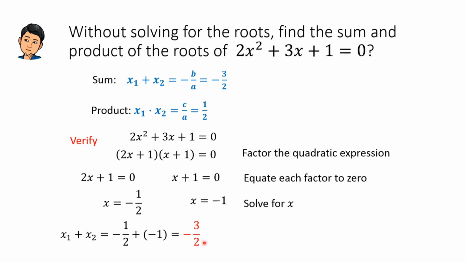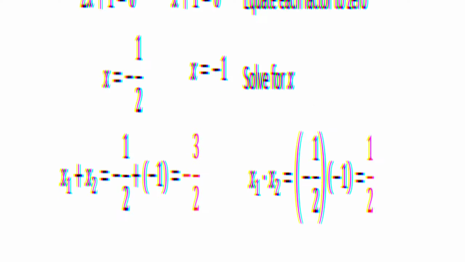Then copy the denominator. So that is how we add fractions and integers. How about the product? The product is 1 half. Because our roots are negative 1 half times negative 1, which is positive 1 half. So we were able to verify and our answer is correct.